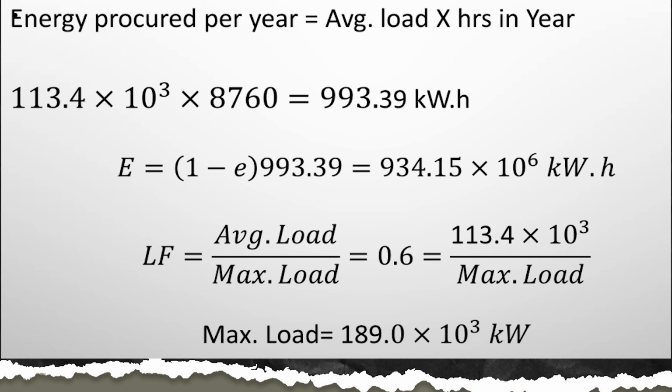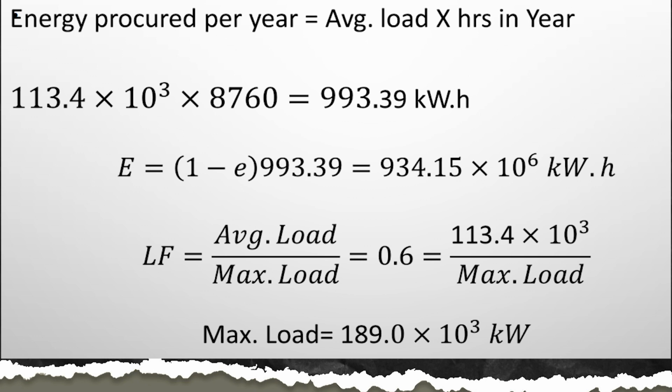But in the actual case, some energy is required to run the auxiliaries. So 6% of the energy is required to run the power plant auxiliaries.